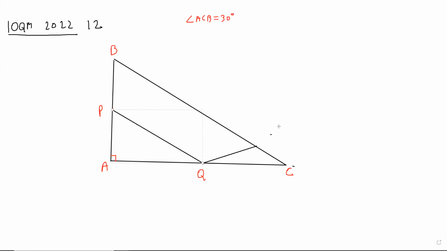And this is parallel. This is R. BP is equal to QR. Okay. Find the maximum possible value of this BP-QR ratio.